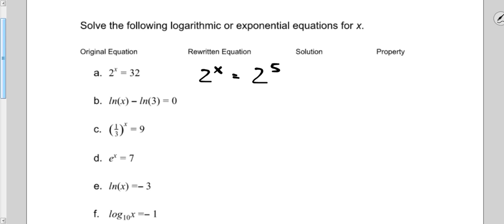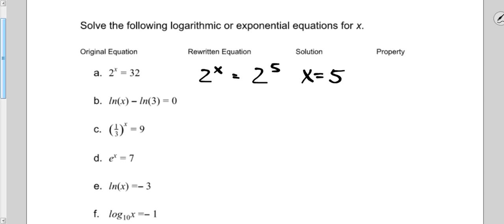Okay? So what's my solution to this equation? More specifically, x equals 5, right? And what property am I using there? It says that because this is a one-to-one function.